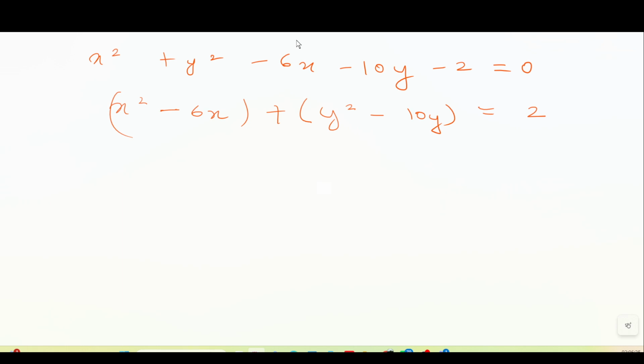So x squared minus 6x plus y squared minus 10y equals 2. So we do minus 6x over 2, we get x squared minus 6x plus 9, yes, plus 9.